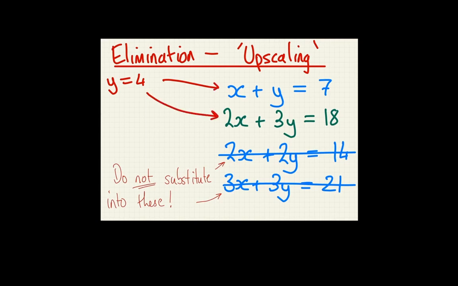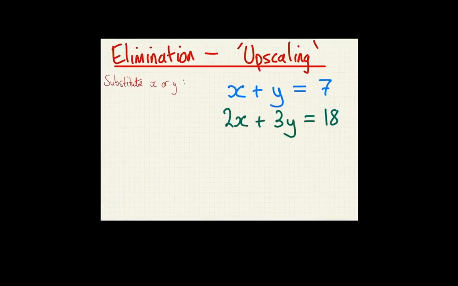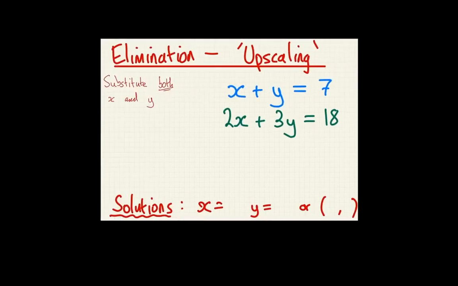Doesn't matter which. Once you do that, you should get x is 3 and y is 4. Put it into whichever one you didn't use. And then you can either give it as a list or as a coordinate.